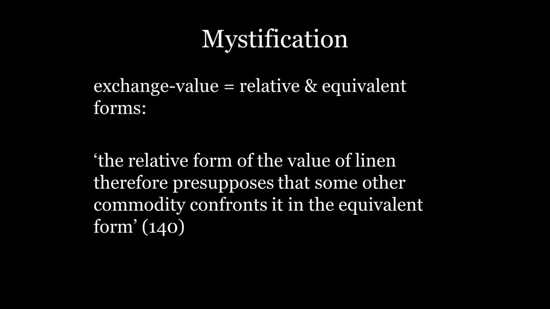So the relative form of the value of linen therefore presupposes that some other commodity confronts it in the equivalent form. So if you want to exchange linen for money, linen is in the relative form of the value and money is in the equivalent form.